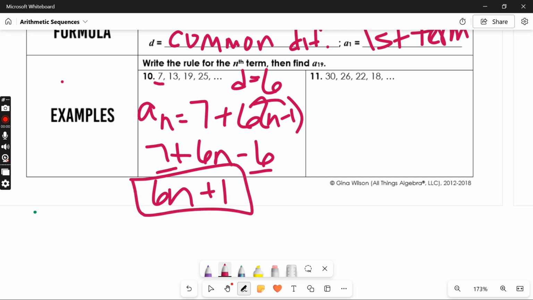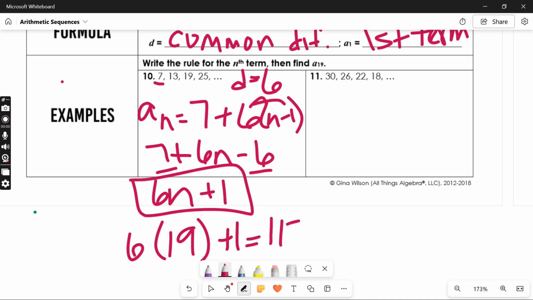This is my first answer. It asks for the rule, and then it asks for the 19th term. Once I have the rule, I'm just going to plug in 19. So I'm going to do 6 times 19 plus 1, and I can plug that into my calculator, and I get 115.